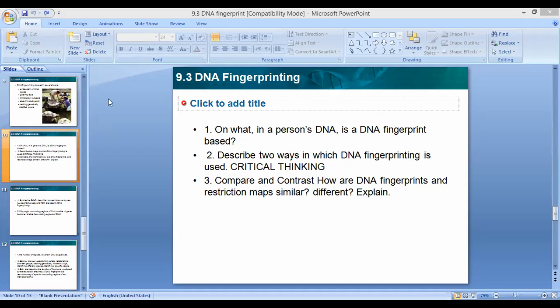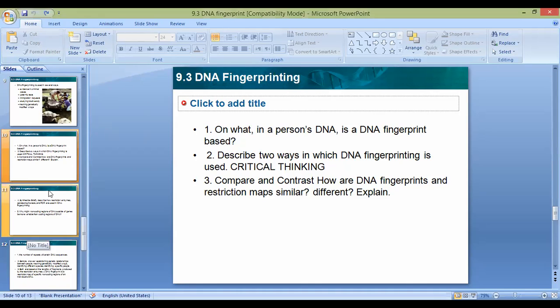Yes, so the restriction map just depends on the fragment, which includes genes and the non-coding, both of them.